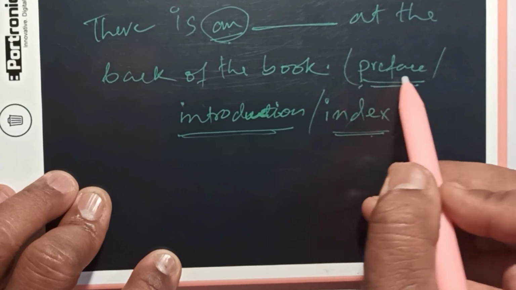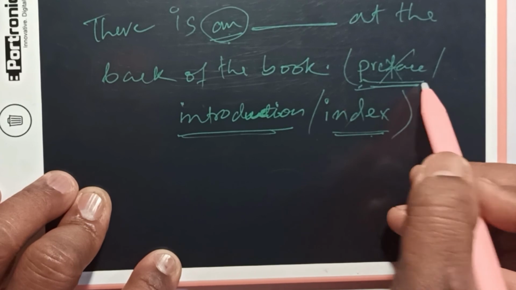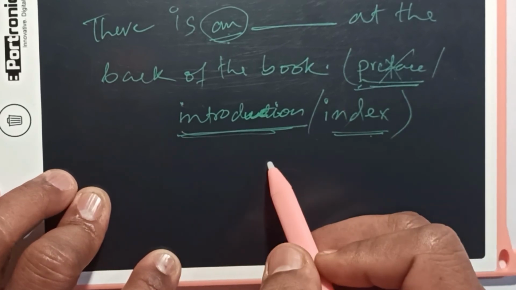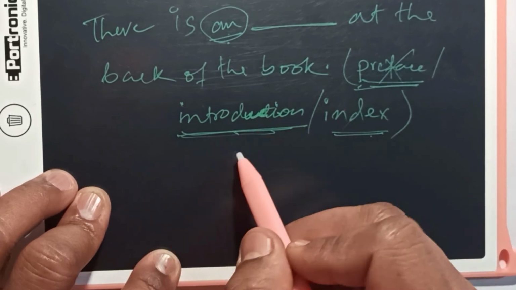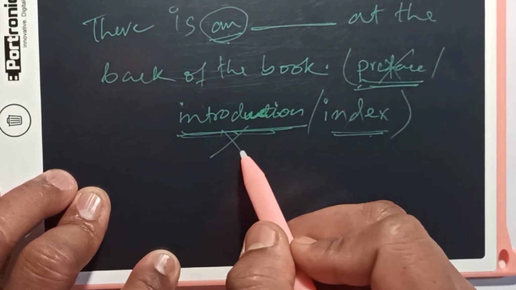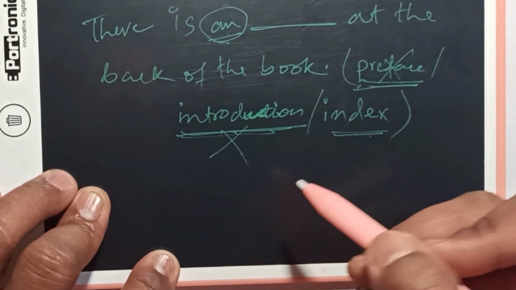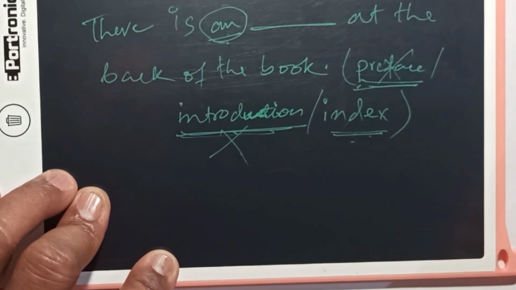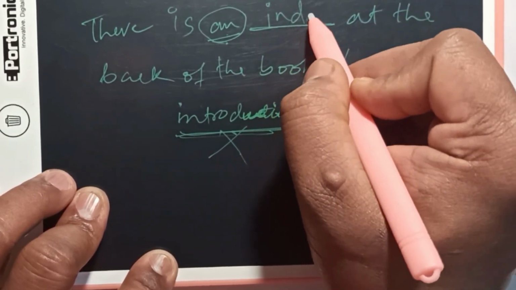Preface is not starting with a vowel sound, so we cancel this out, as well as it begins a book. Introduction also is always found in the beginning part of the book, so this also is not possible. Index can sometimes be found in the beginning, it can be found also in the end. So the right answer is to go with index.